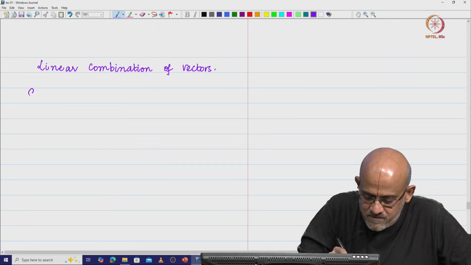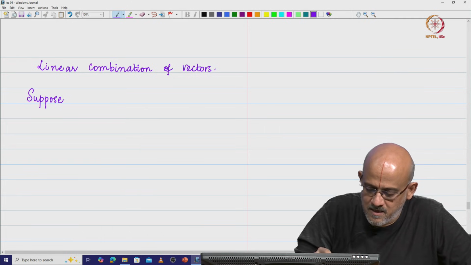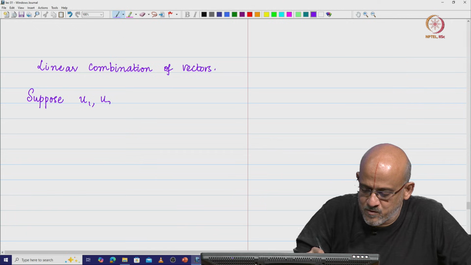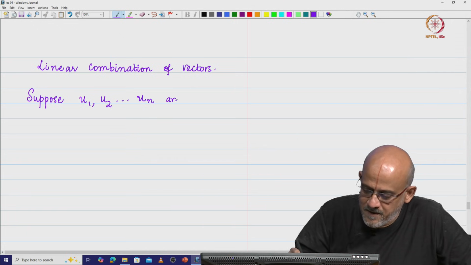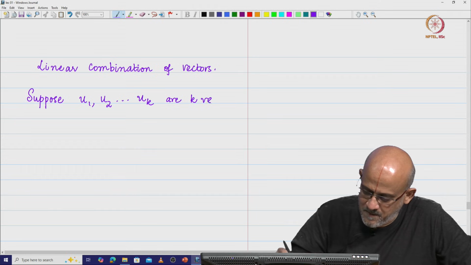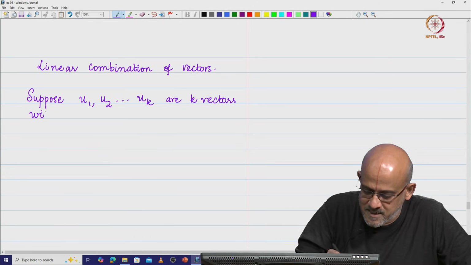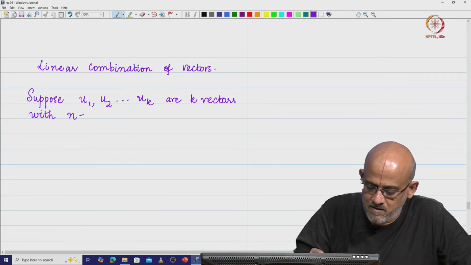So suppose u1, u2, etc., uk are, let us say, k vectors with n components each.